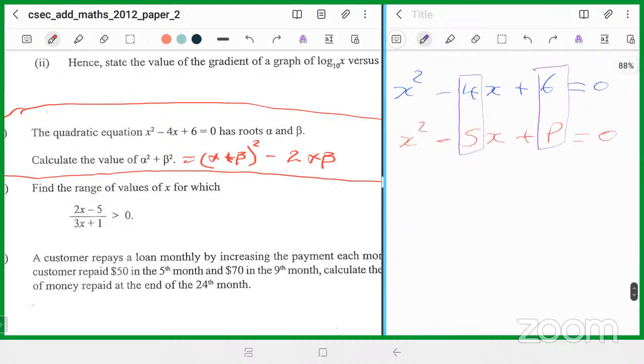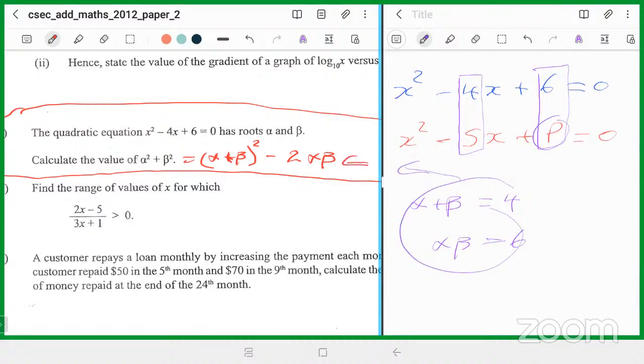So I could have just written that my sum of the roots, alpha plus beta, is equal to this 4 right here. And the product, alpha beta, is equal to this 6 right here. I could have just written them down like that for this question and then still dropped those values inside here.